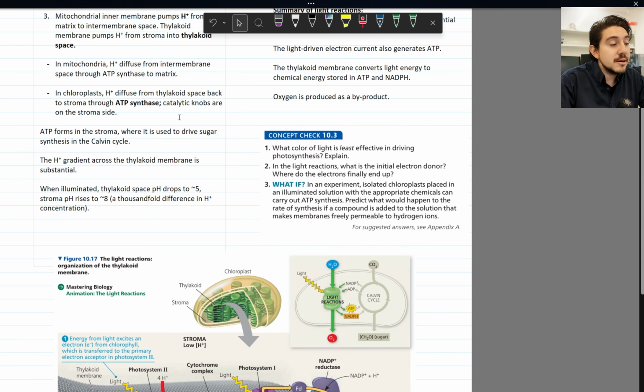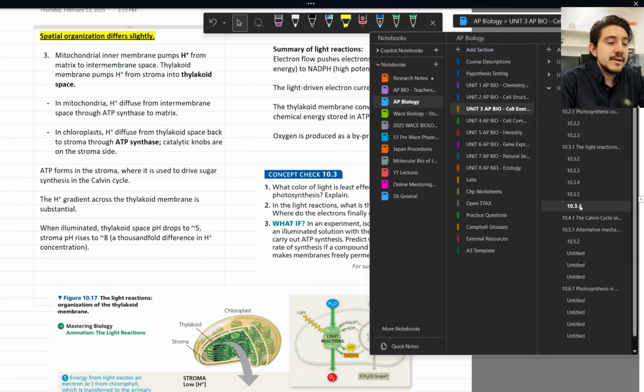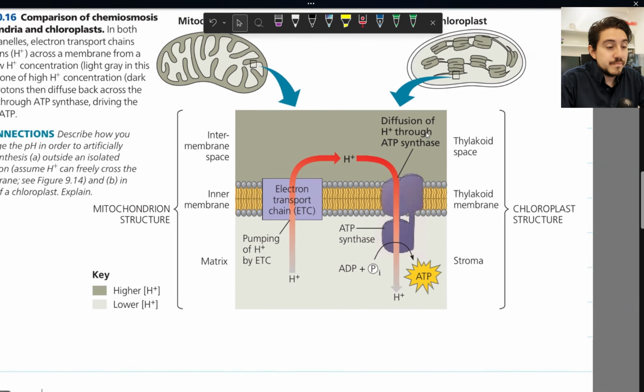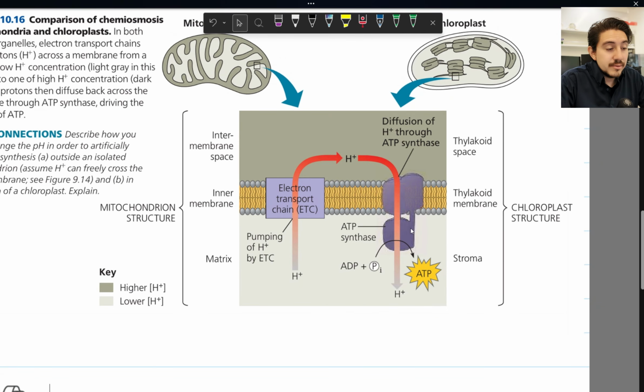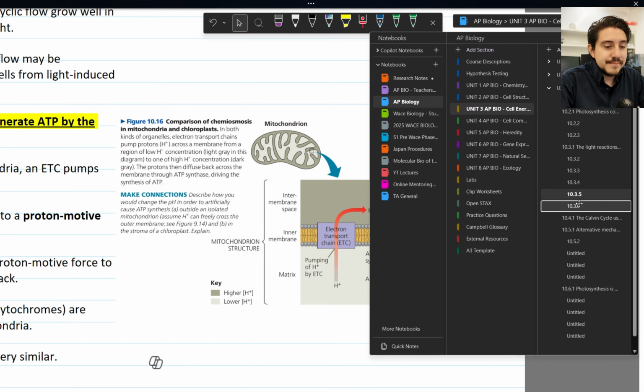The catalytic knobs are on the stroma side. They're sticking out into the stroma. But in the mitochondria, they're sticking inside, within the inner membrane, into the matrix of the mitochondria.